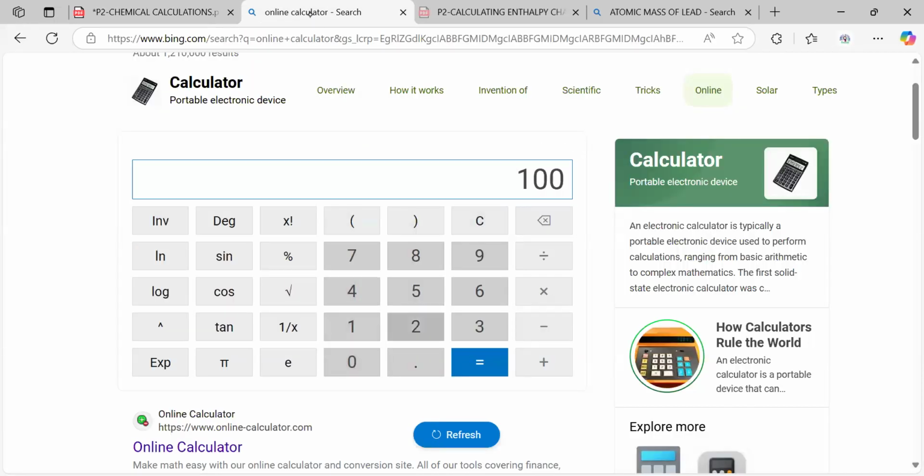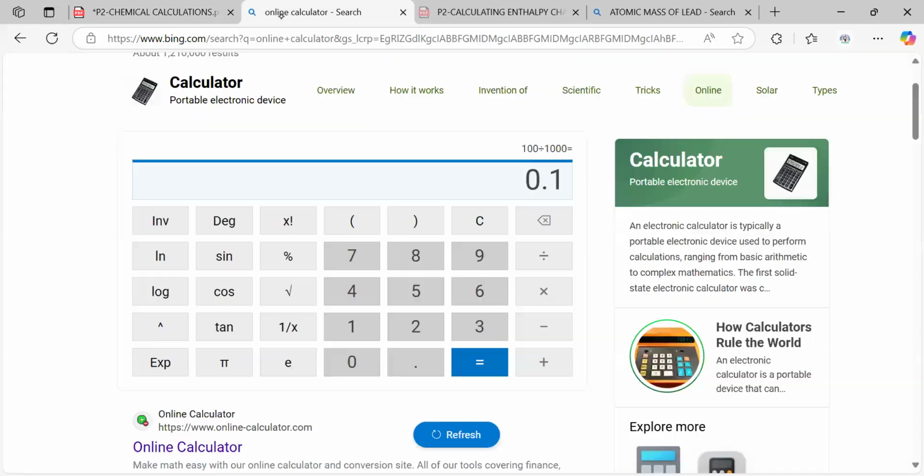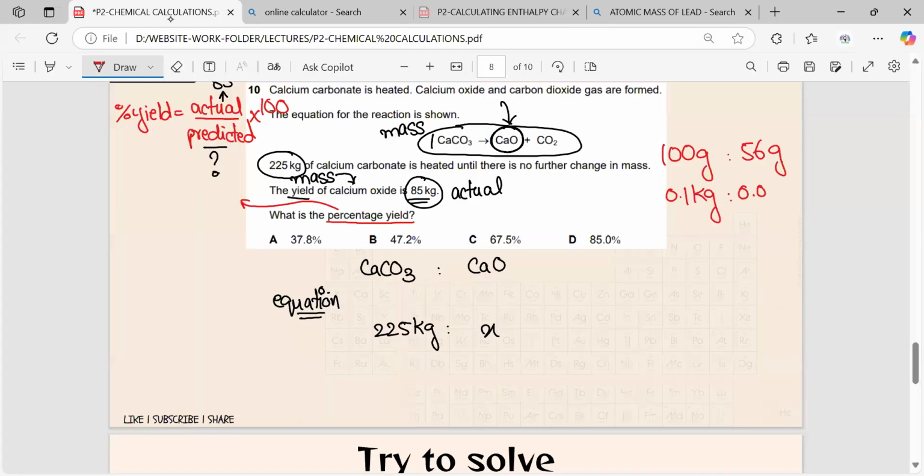So 100 divided by 1000 is 0.1 kg, and 56 divided by 1000 is 0.056 kg. So we'll substitute these values here: if 0.1 kilogram of calcium carbonate is giving 0.056 kilogram of calcium oxide, then 225 kilogram will give how much?